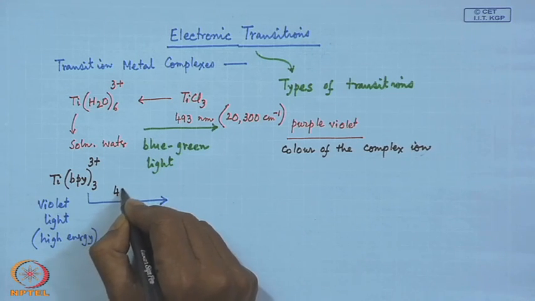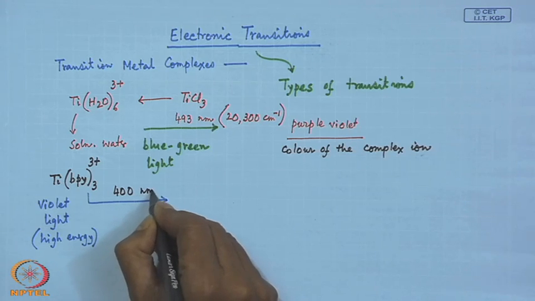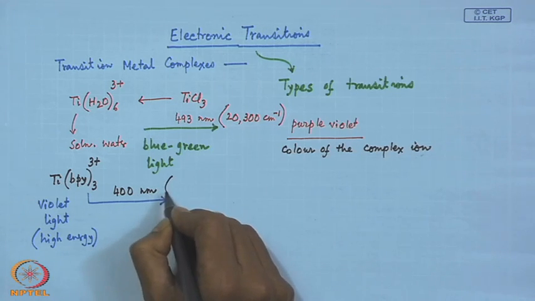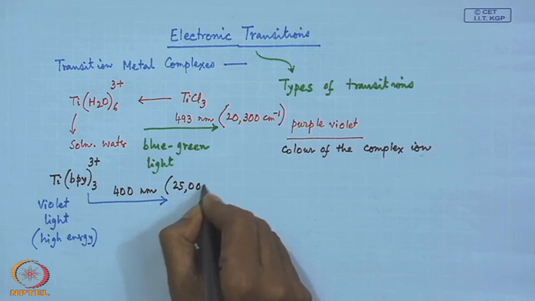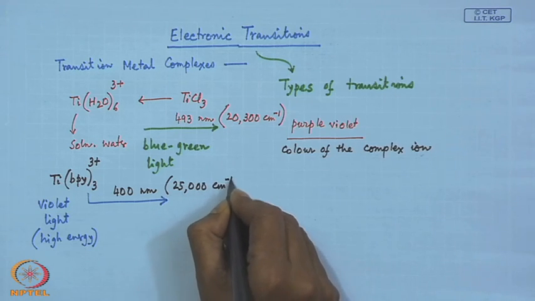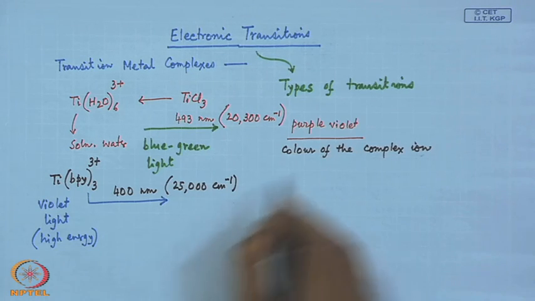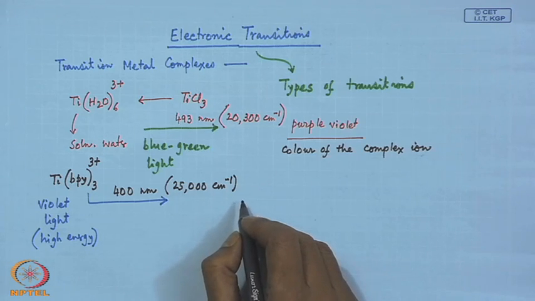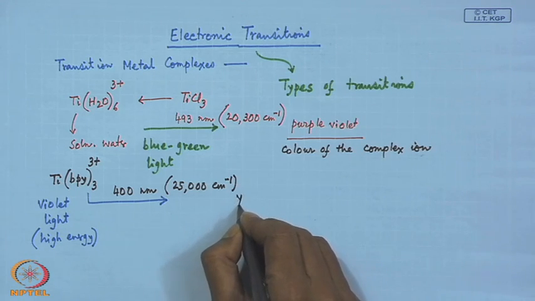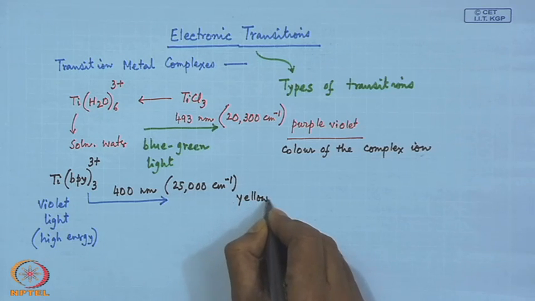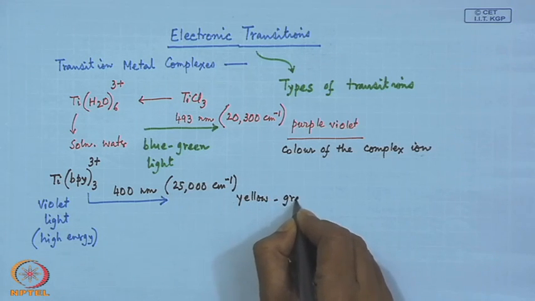It will be in the range of 400 nanometer with a corresponding wave number value of 25,000 centimeter inverse, and the corresponding complementary color, that means the color of the solution we will be observing, is yellow green.